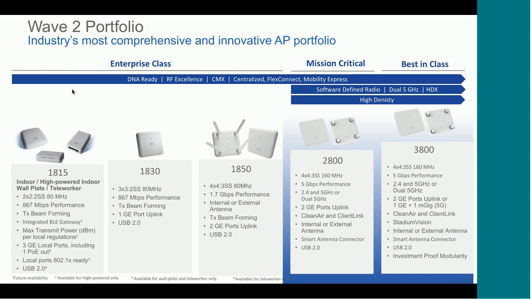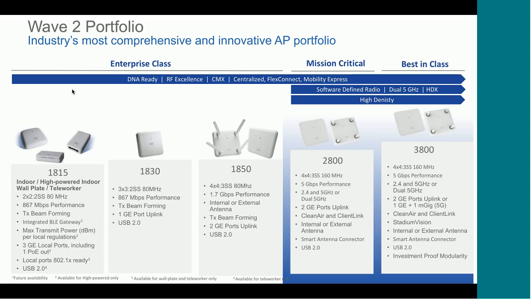So let's take a quick look at the Wave 2 portfolio. Really, it's three model sets. It's an 1800 model set, a 2800 model set, and a 3800 model set. 1815, you'll see, is really primarily used for that high power, teleworker, indoor, small office, home office. 1830, 1850.